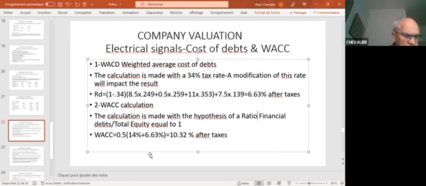With these elements, we were able to build the table, including for total equity and total debts the values in the two different measures, book value and market value.